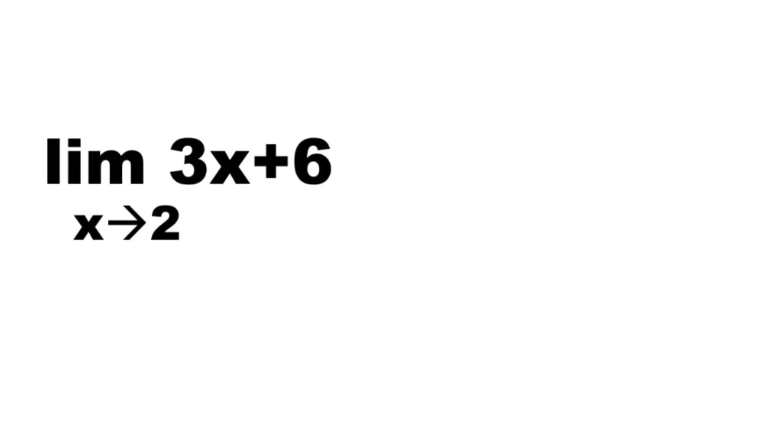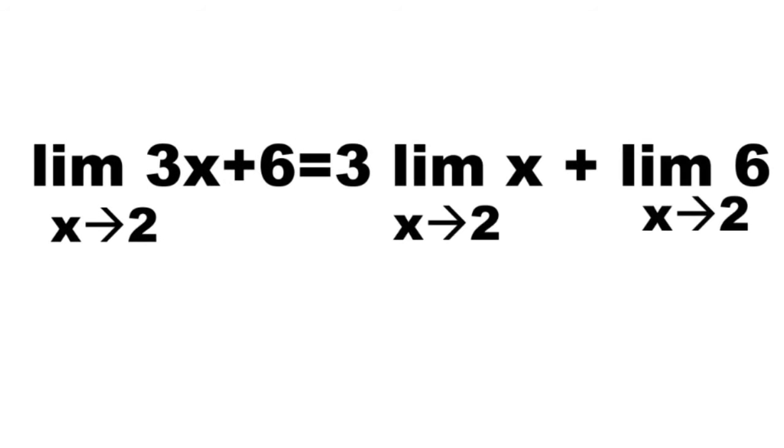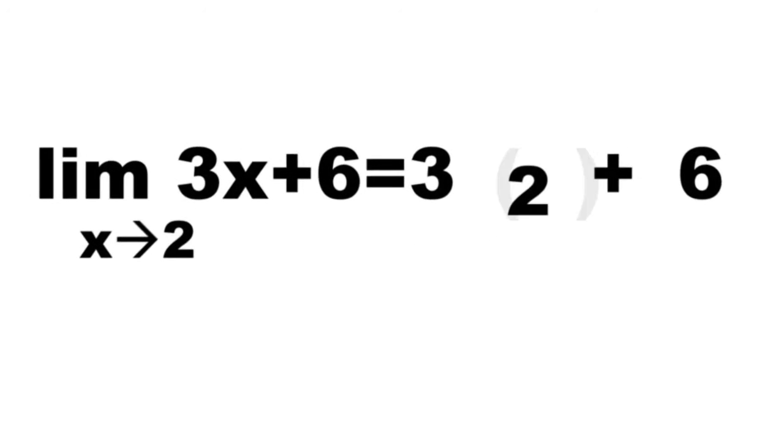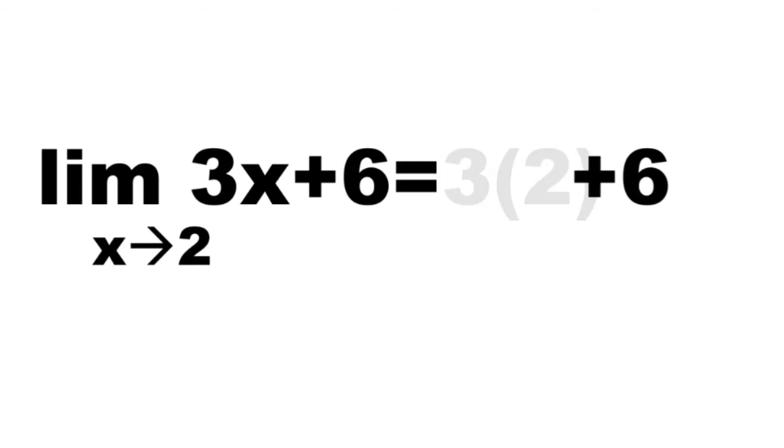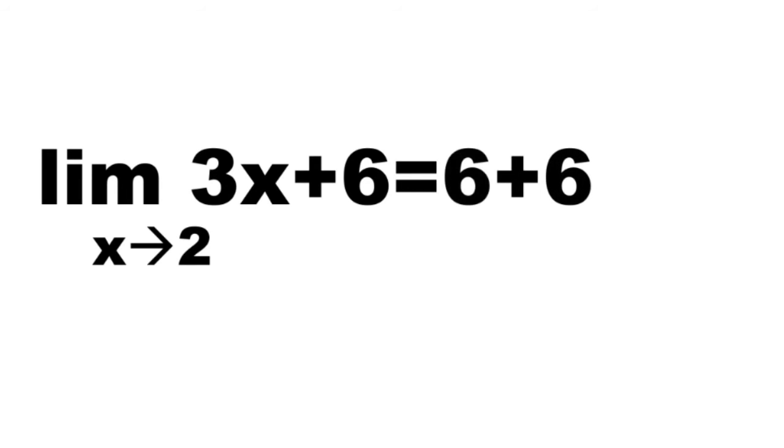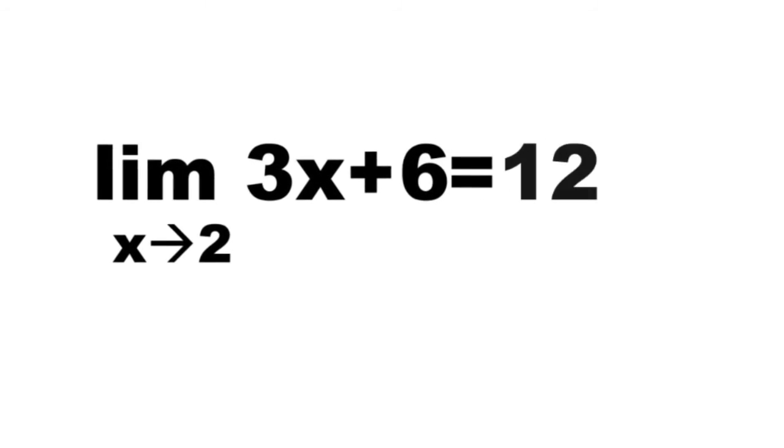Example: the limit of 3x plus 6 as x approaches 2 is equal to 3 times the limit of x plus the limit of 6 as x approaches 2. The limit of x as x approaches 2 is 2, times 3, plus the limit of 6 as x approaches 2 is 6, so 6 plus 6. So the limit of 3x plus 6 as x approaches 2 is 12.